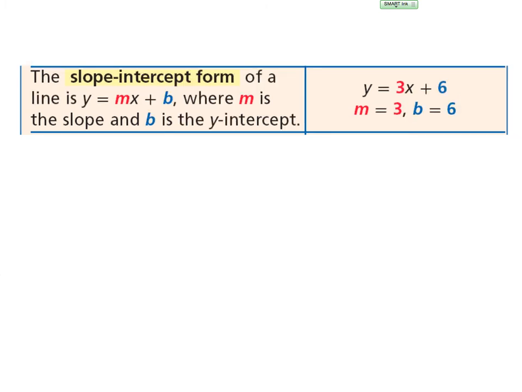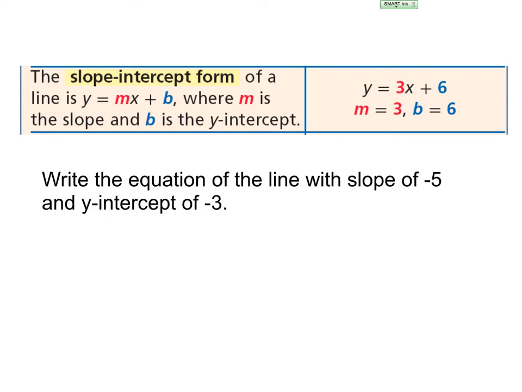Okay, the slope-intercept form we mentioned yesterday. Let's have you write the equation of the line if the slope is -5 and the y-intercept is -3. Using that form, what would the equation look like? Why am I using a different form? Because of the different information this time. Slope is -5, y-intercept is -3.